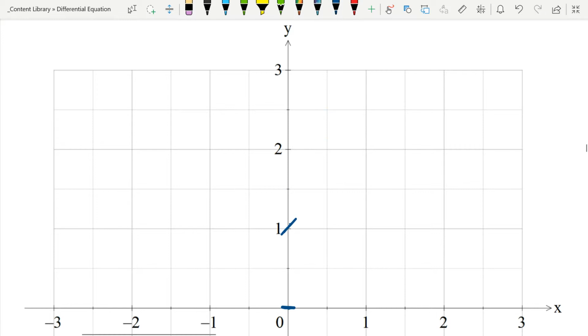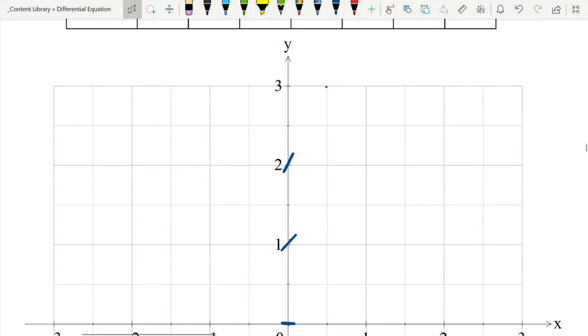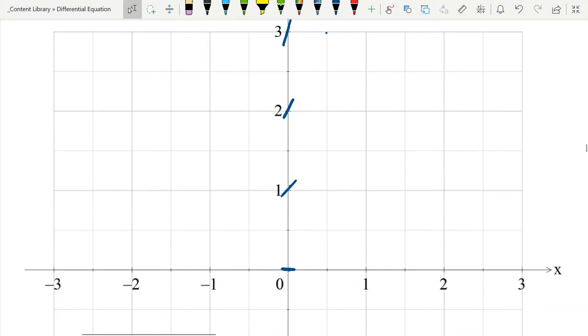So I can draw the slope field just by drawing it like that. Sorry, not the correct place. Here. At this point, the gradient is 2. And the next one, 0, 3, the gradient should give you 3, which is even steeper like that. I can do this on all the other points.